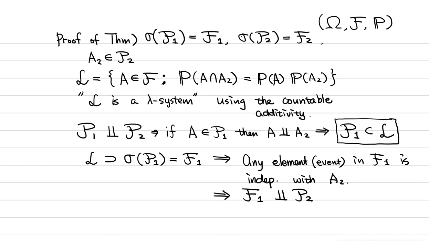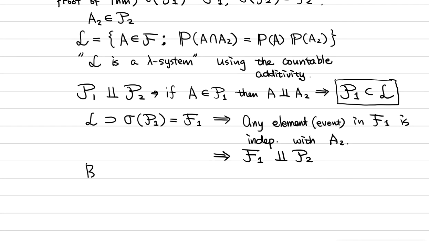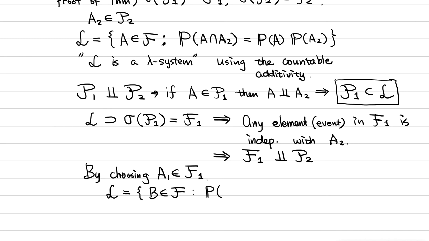To prove that curly F1 is independent with the whole curly F2, we have to repeat the same argument once again by choosing A1 to be any element in curly F1, and then defining this curly L to be all the events that are independent with A1 now.